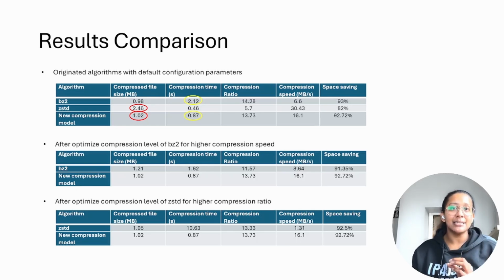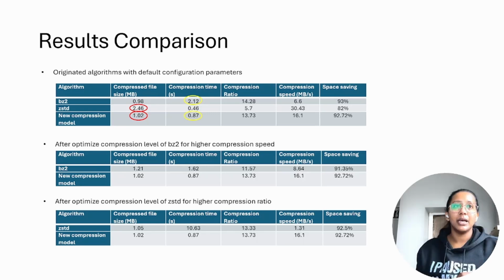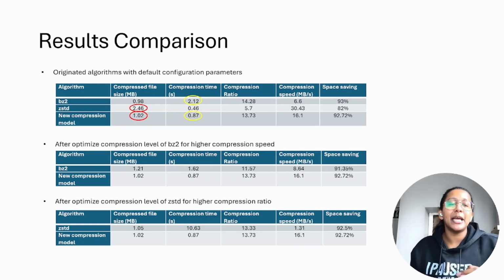It reached some compressed file size, but it used 10 seconds to achieve that. Therefore, this novel model achieves a higher compression ratio and higher compression speed than its originating BZ2 and ZSTD algorithms. But this compression speed can vary with the processing power of the machine, and also the compression ratio can vary with the nature of the input data.